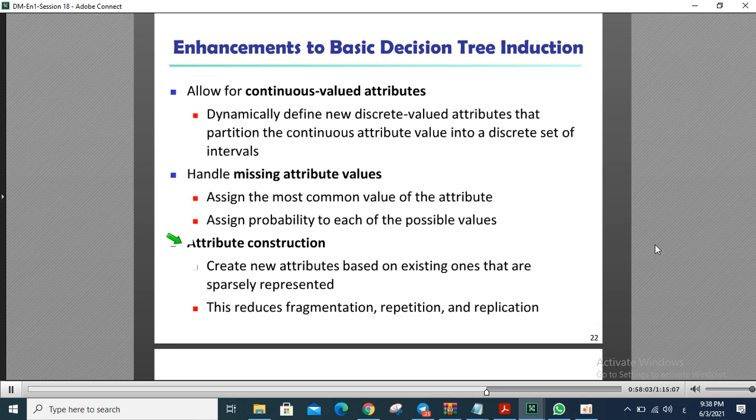In such cases, instead of working with attributes with sparse values, I'm working with attributes with some predefined or categorized values. So this can help me to reduce the fragmentation of data. This can help me to reduce the repetition and replication of data.